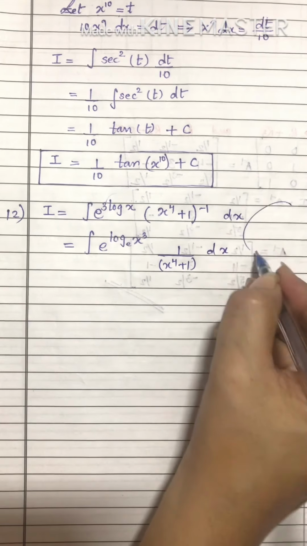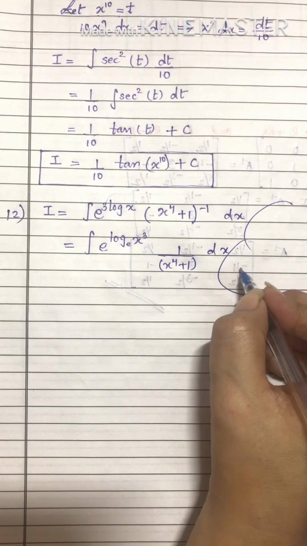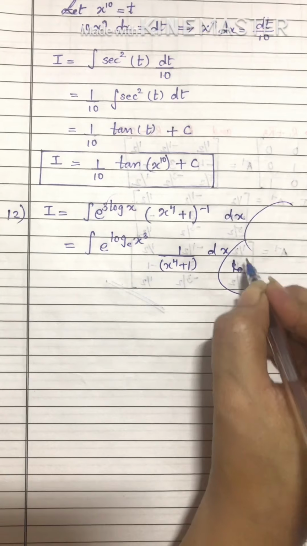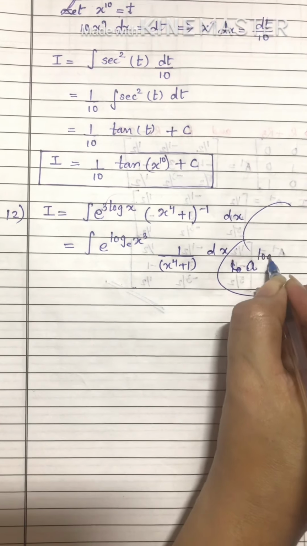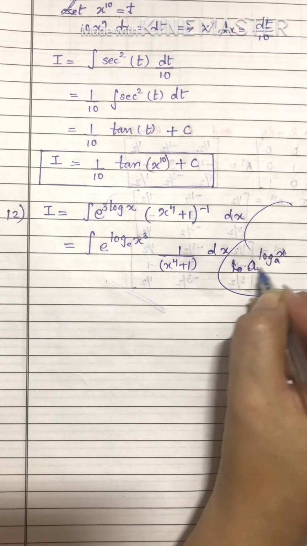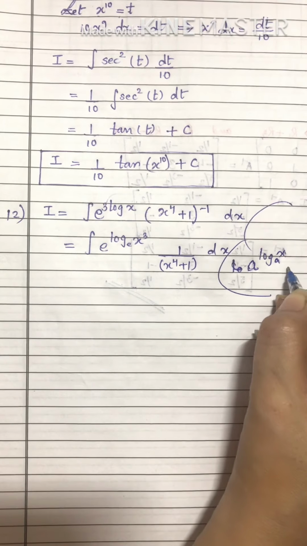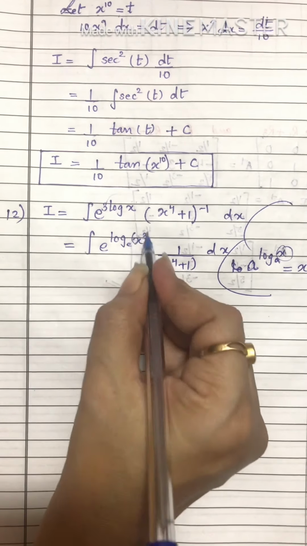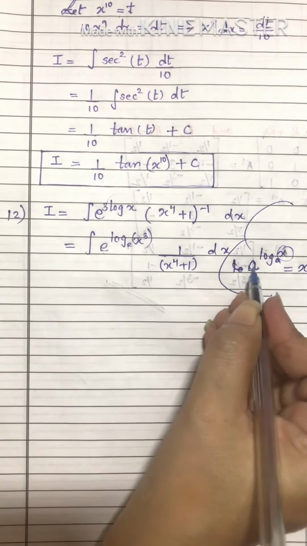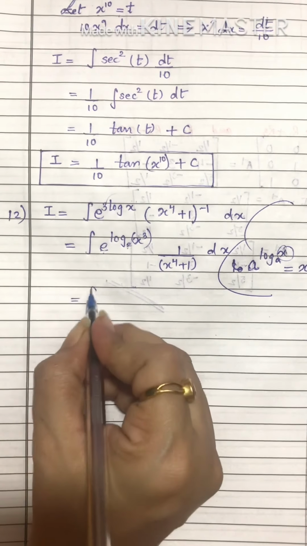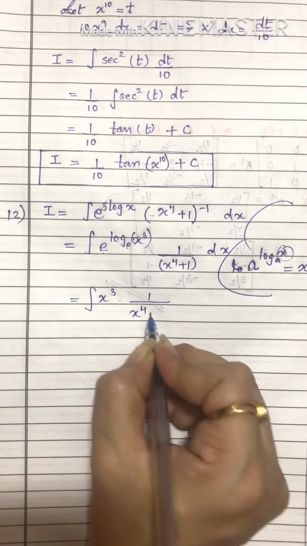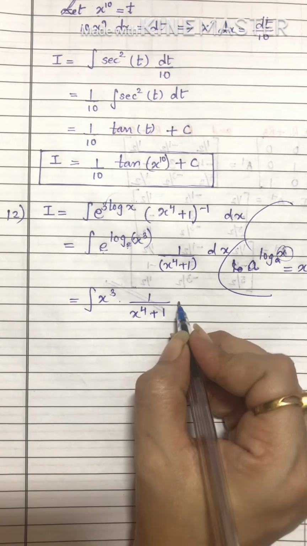Now here we use one formula or property of log, which says a raised to log x to the base a. If this base and this base are equal, then we get the answer as x. So if we use that here, just check this and this. So in the next step we will get x raised to 3 into 1 upon x raised to 4 plus 1 dx.